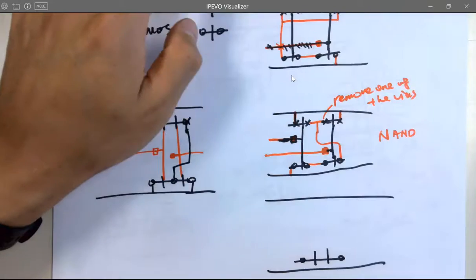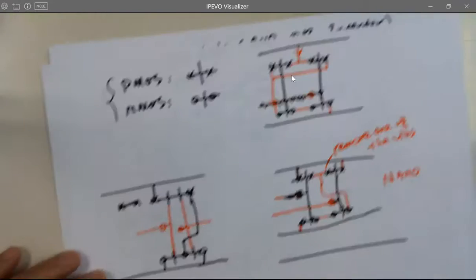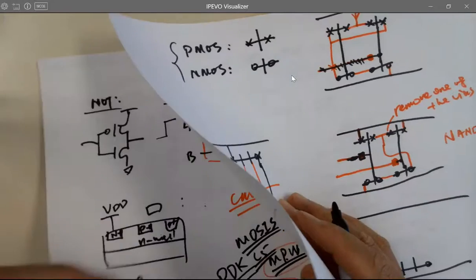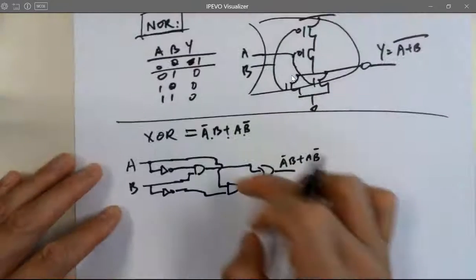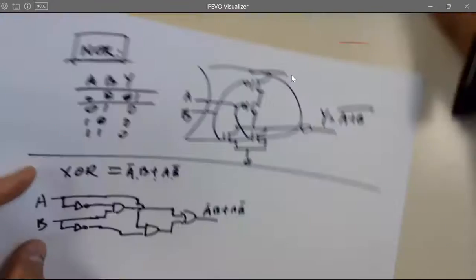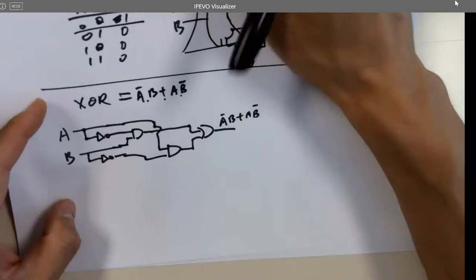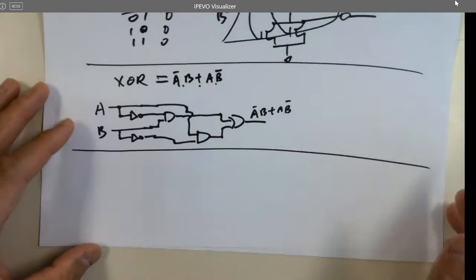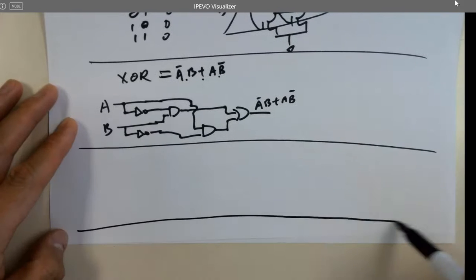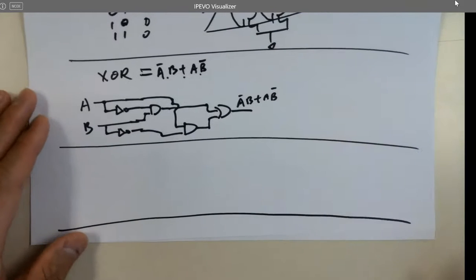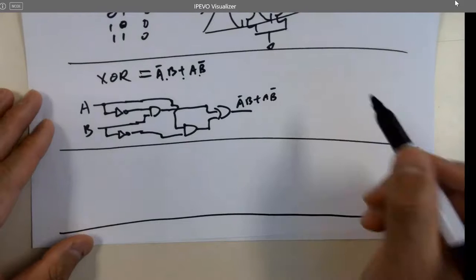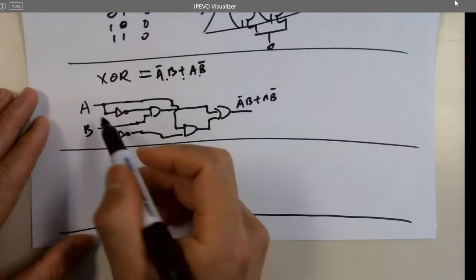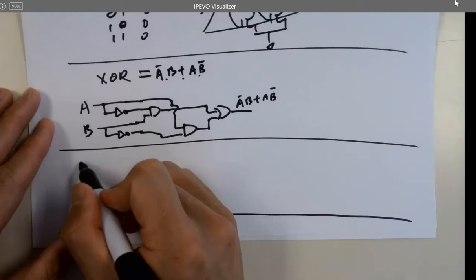So what about the XOR gate? If you don't optimize it, you're expecting a lot of transistors. Now let's see if we can go through it. So first you have inverters and AND gates, right? How to draw an inverter?